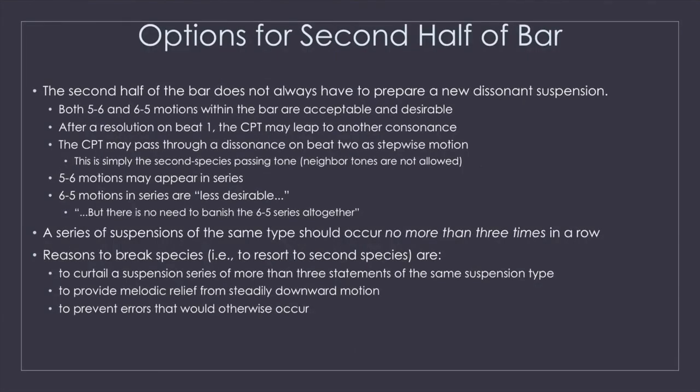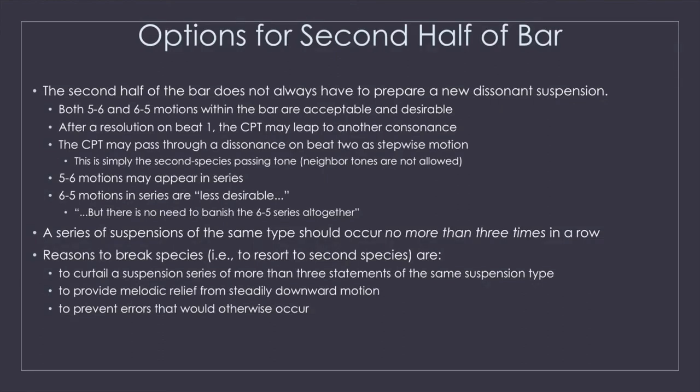Okay, and let's just look at some options for the second half of the bar. The second half of the bar does not always have to prepare a new dissonant suspension. You could have both 5-6 motion or 6-5 motion, which just means one of the voices is holding a note, the other voice is moving, and it moves from a fifth to a sixth or a sixth to a fifth. Both of those intervals are consonant, so it isn't a suspension, but you're still allowed to do it.